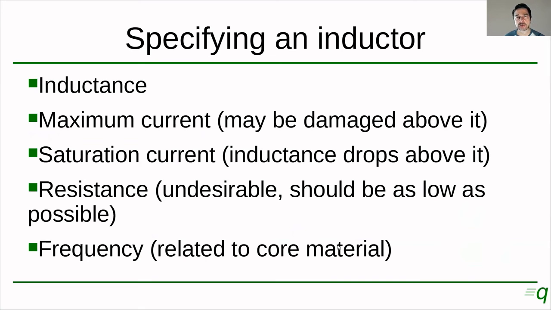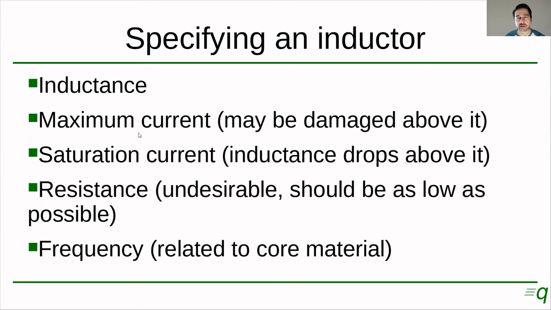Now, if you want to purchase or specify an inductor, there are several parameters that you have to look at. The first one is the inductance, right? So if you are going to put an inductor in a circuit, you have to know or have an idea of how much inductance you want in there, right? The next one is going to be the maximum current that it can handle.